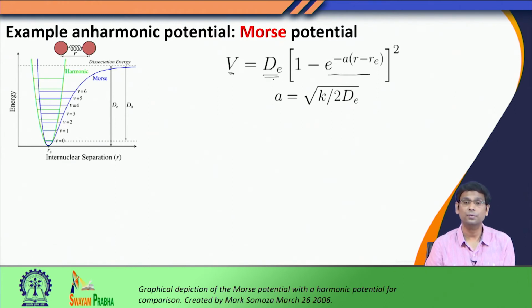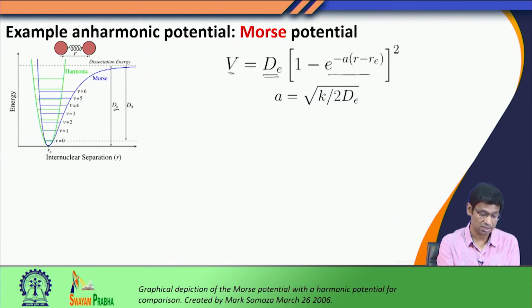But what do we mean by that? At very large internuclear distances, the molecule actually would have dissociated. Therefore, this dE is called the dissociation energy. In the Morse potential, the blue curve, at very large values of r it attains a constant value, and this energy is dE, the dissociation energy.